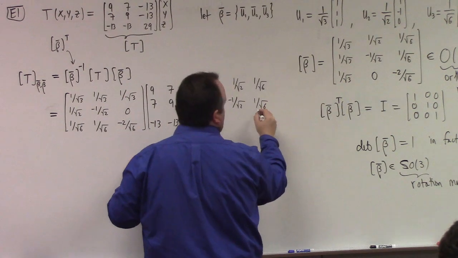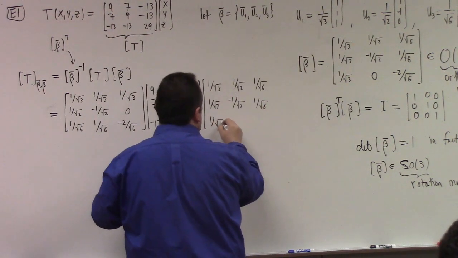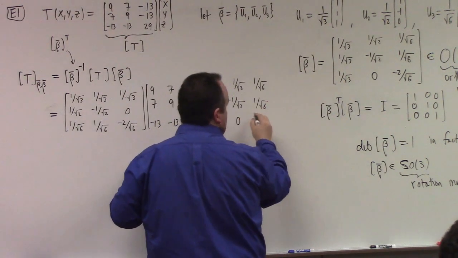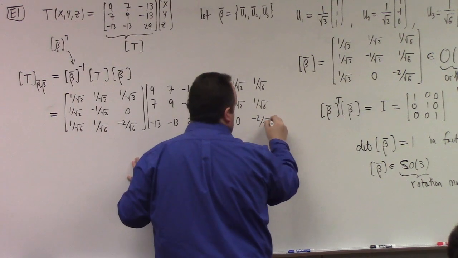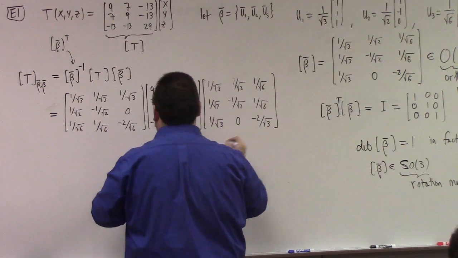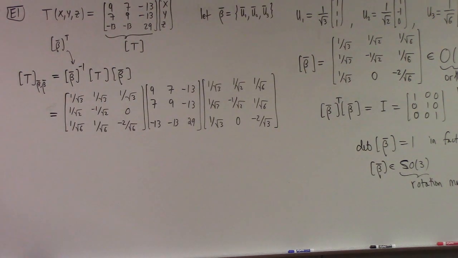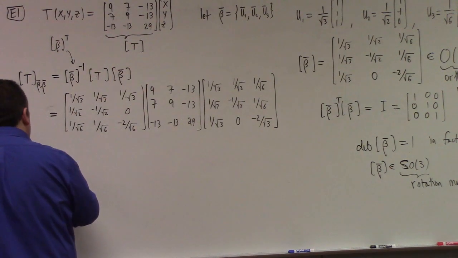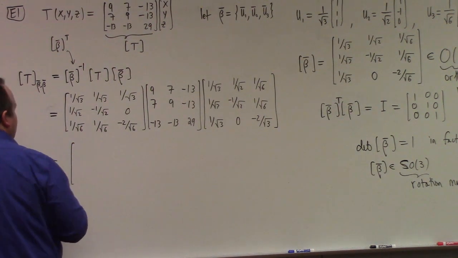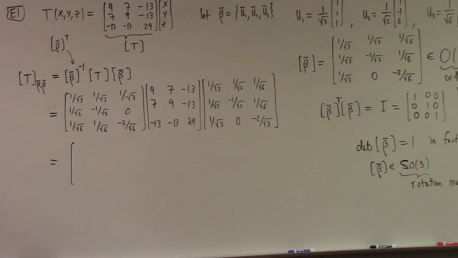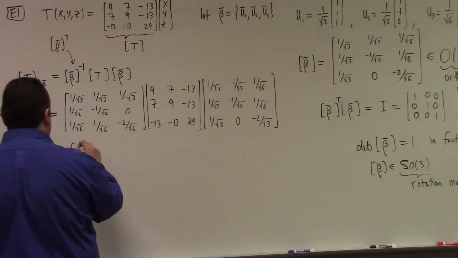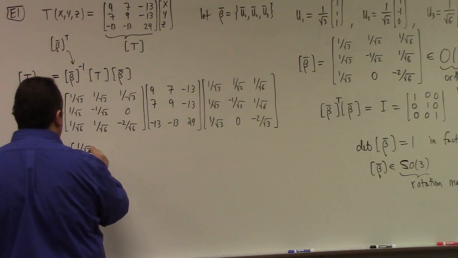The only drag with these orthogonal matrices is they're always chock full of roots. But hey, a few square roots is a small price to pay for not having to invert a 3 by 3 matrix, right? Can we agree? Now I just need you guys to multiply these. Okay? I'm going to need you guys to help me out here.